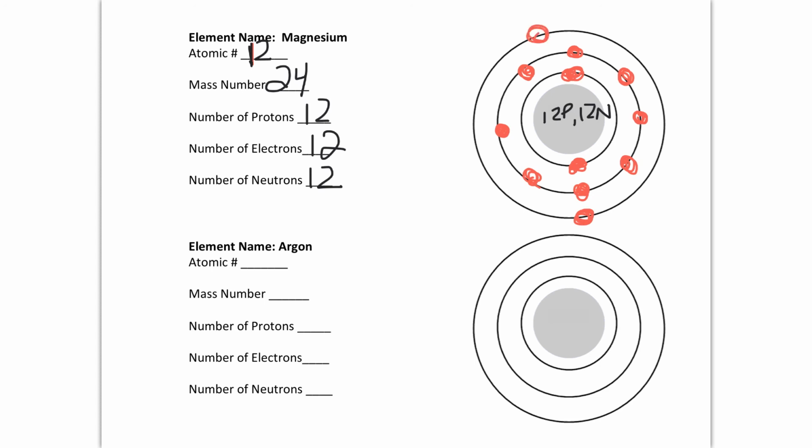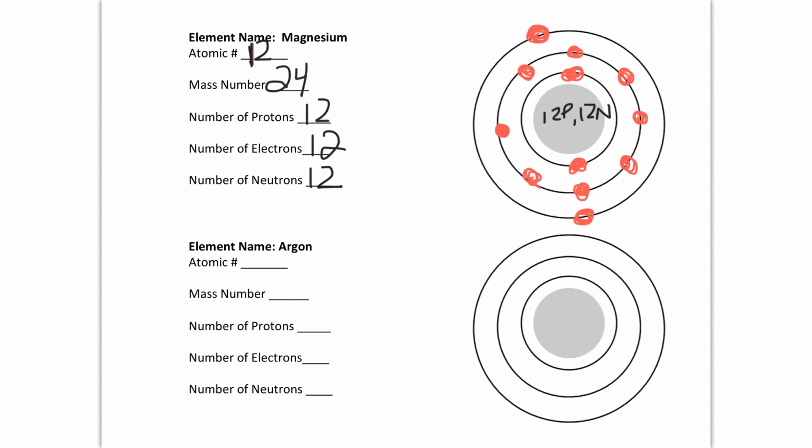Okay? So let's count them up to make sure we have them all. We need 12 total, so let's start from the outside in. 1, 2, 3, 4, 5, 6, 7, 8, 9, 10, 11, 12. Good, so it checks.